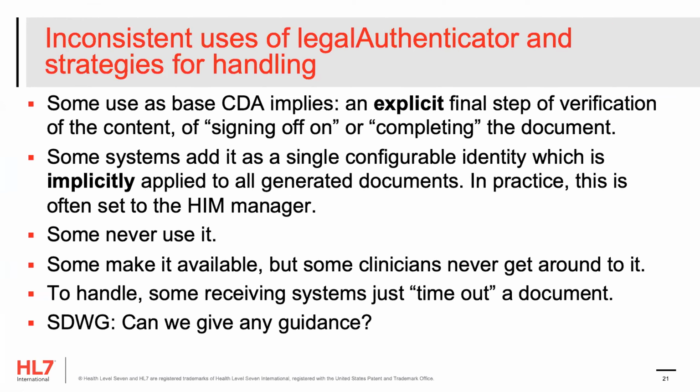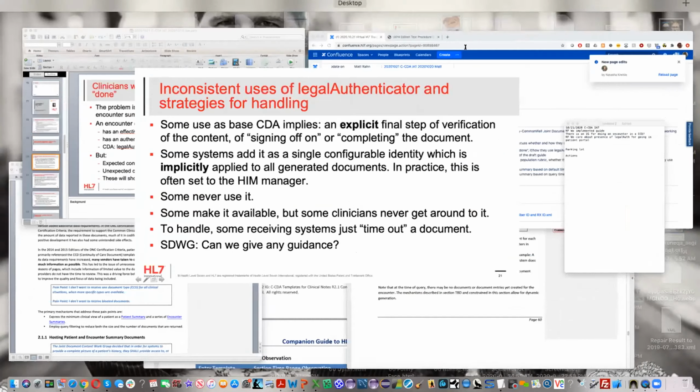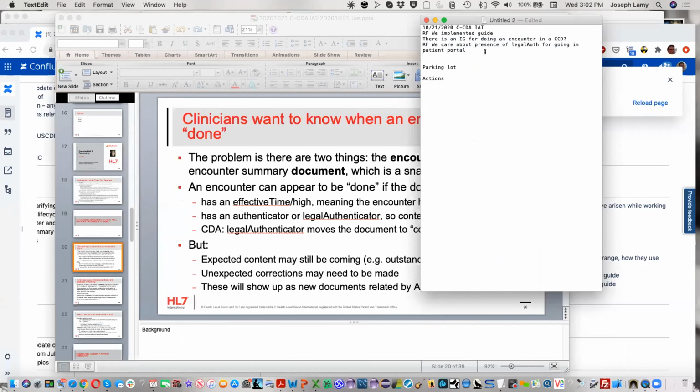But, right. Exactly. I know they didn't finalize that legal authenticator was required because you wanted to be able to release a document for clinical care before it had been legally authenticated. But I think that's the only reason why it was not a required header line. One thing that jumped out is that we were pretty treatment based.